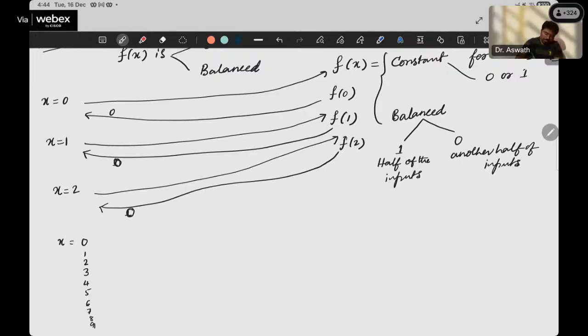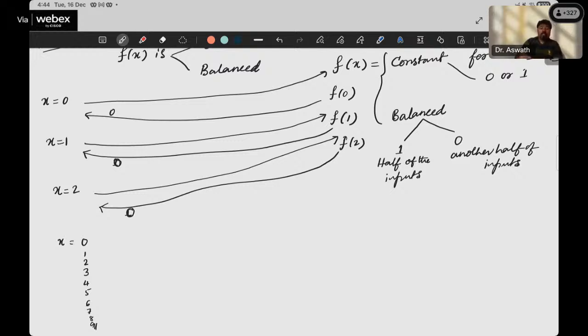Let's say she has 9 values. Among the values, she starts feeding the x values to Bob. Bob calculates f of x and sends it back to Alice.